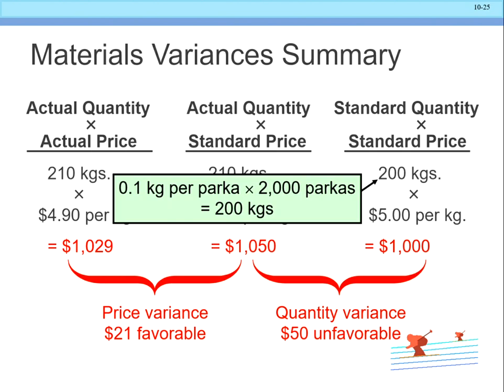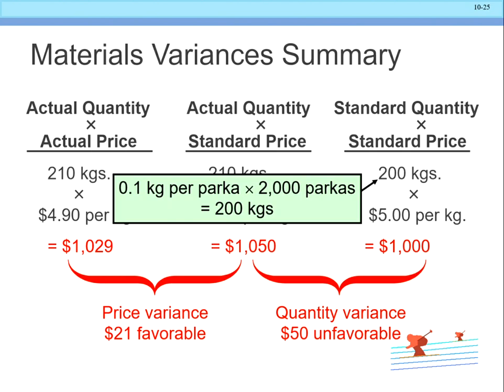But we actually used 210 kgs. So we are now saying we were supposed to have used materials that amount to 1,000, but we actually used materials that amounted to $50 more according to our budget.